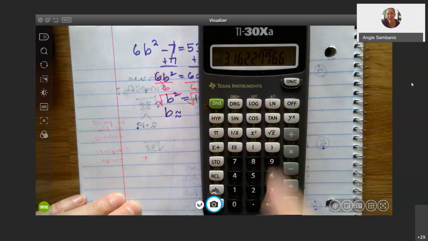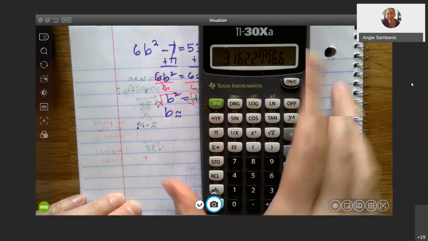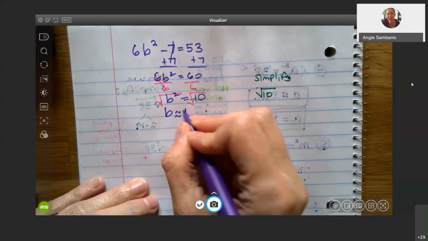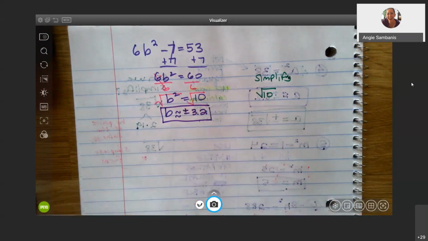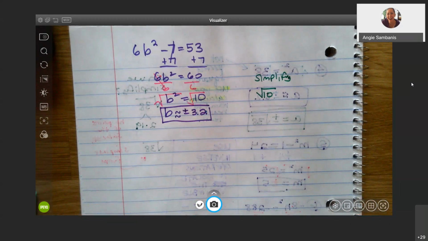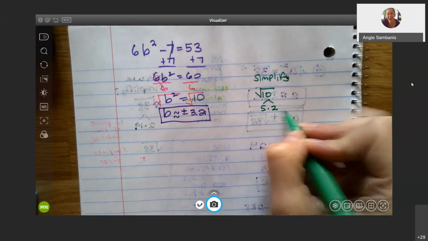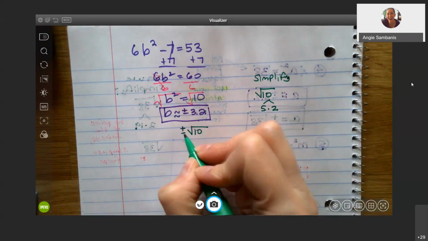It's 3.162. Because we look to the right of the 1, we're going to round up to 3.2. So our approximation is 3.2. If we try to simplify, 10 breaks down to 5 times 2, no pairs of numbers. So my simplest form is radical 10.